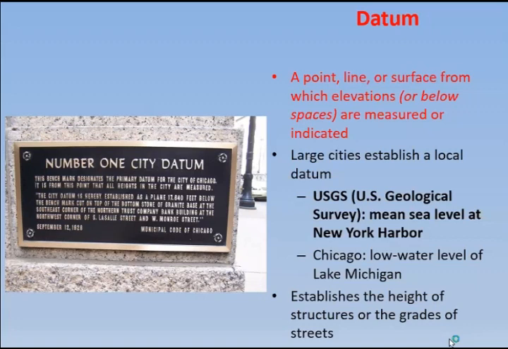What system uses a property's physical features to determine boundaries and measurements? Rectangular survey system, lot and block recorded plat system, metes and bounds, or multiple listing service? If you see this on an exam, the multiple listing service has nothing at all to do with this, so you would automatically take that out. And you also know we're not using rectangular.